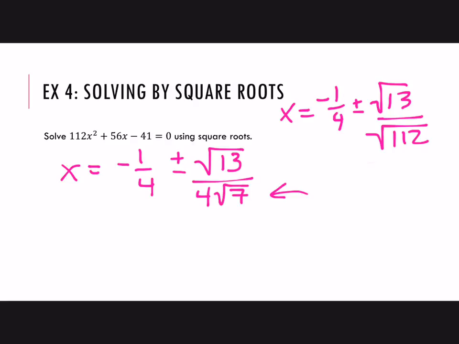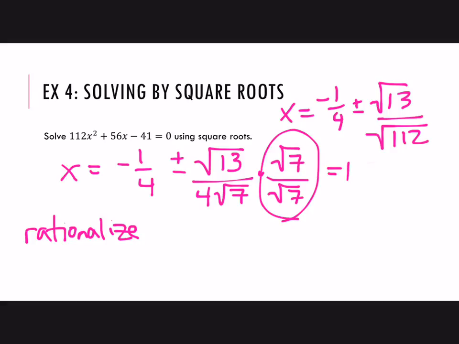Another simplifying rule, you can't leave a square root in the denominator. So you might remember we need to rationalize. And to rationalize, you multiply this by whatever that square root is that you're trying to get rid of, so square root 7, in the numerator and the denominator. And remember that this expression just equals 1, so we're not changing the answer here.